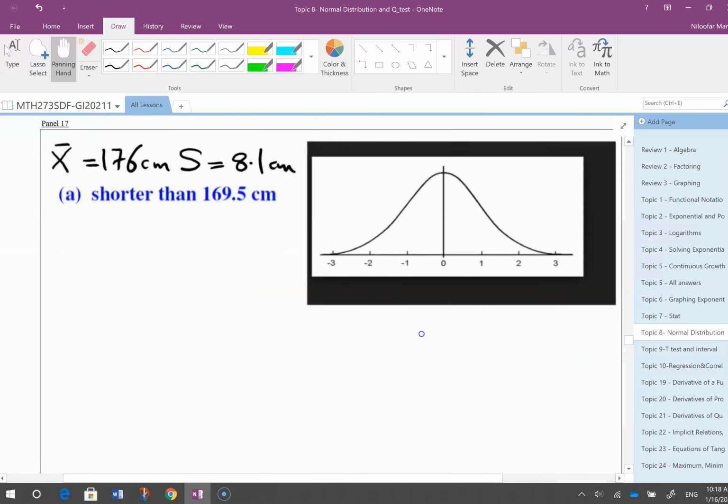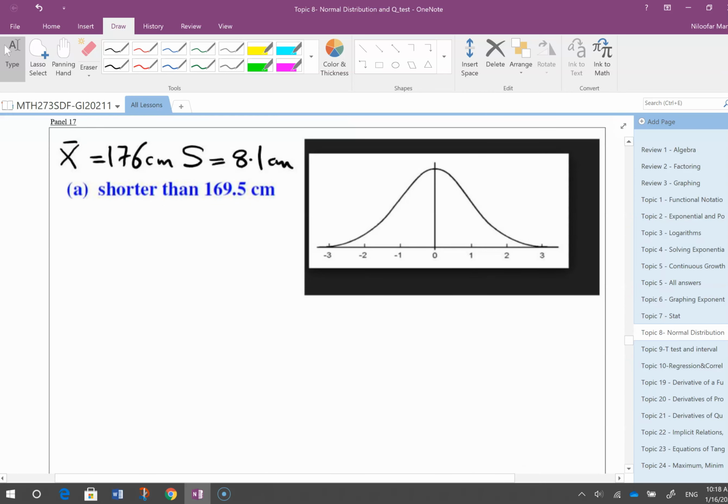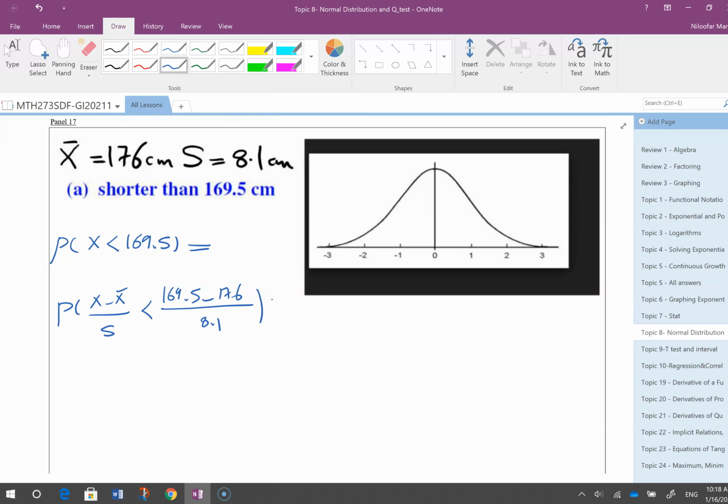Shorter than this. So probability X less than 169.5 centimeters. It is equal to the probability of (X minus X bar) divided by S less than (169.5 minus 176) over 8.1.